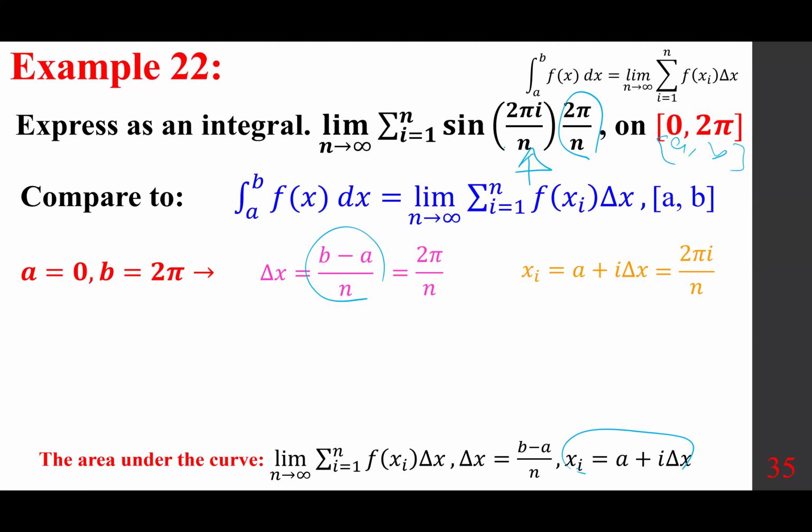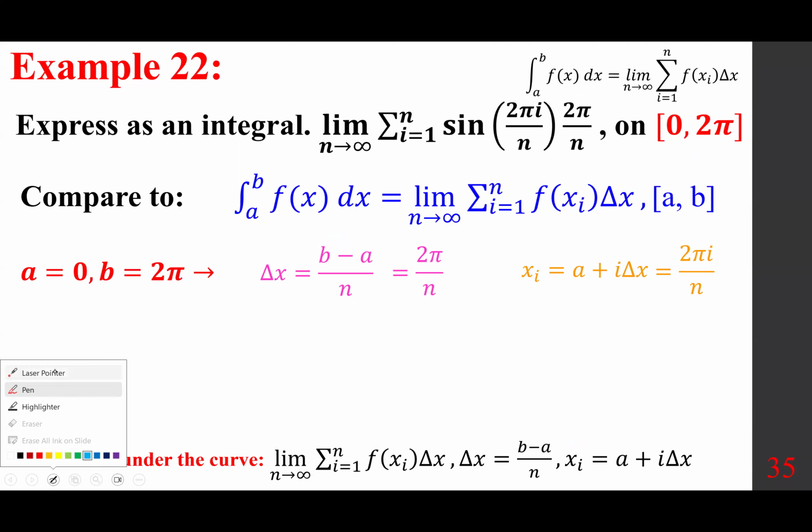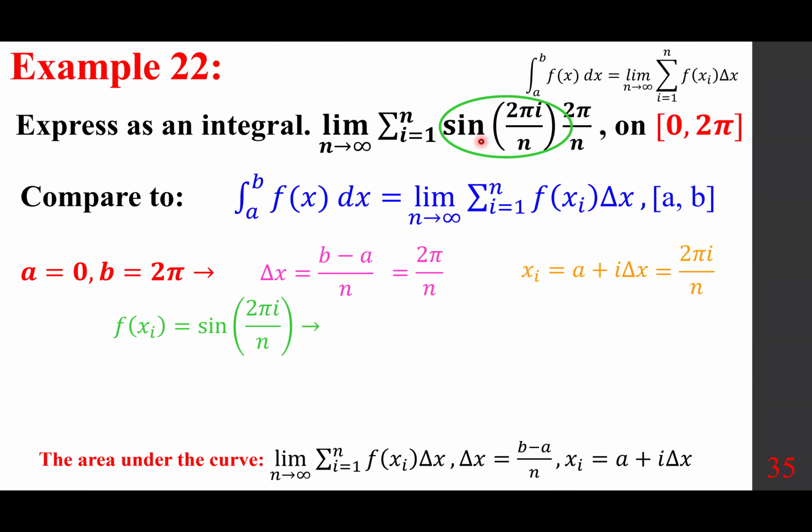So this is f of x sub i, sine of 2 pi i over n.